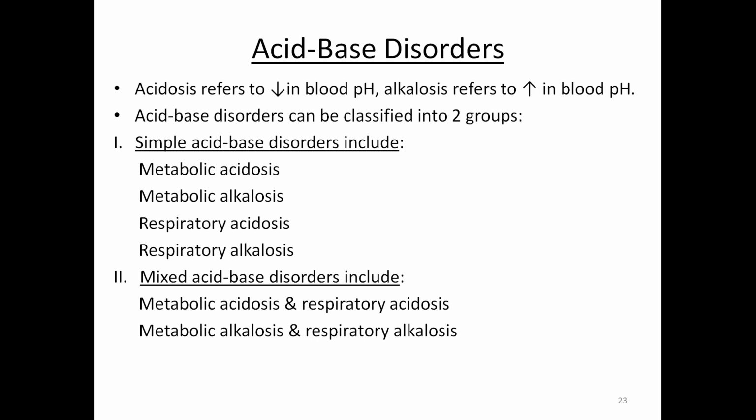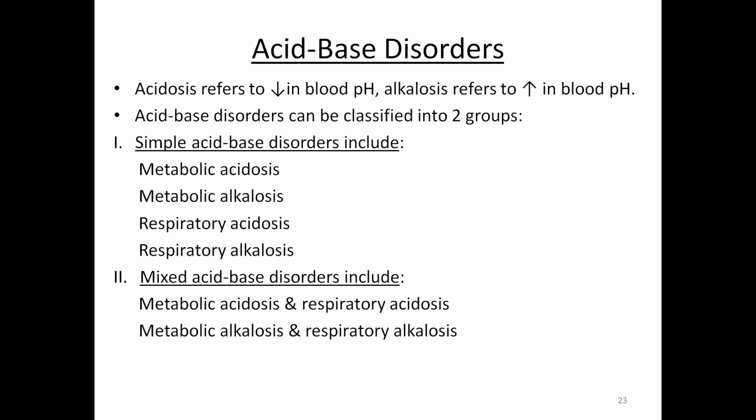So coming to acid-base disorders. What is acidosis? Acidosis refers to decrease in blood pH, and alkalosis is its opposite, increase in blood pH. And the acid-base disorders can be classified into two groups: the simple acid-base disorders and the mixed acid-base disorders.